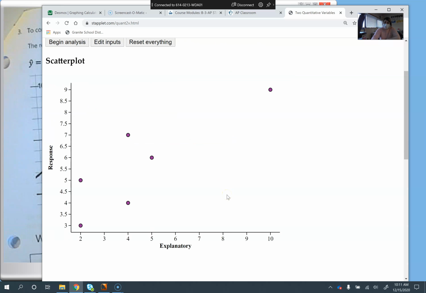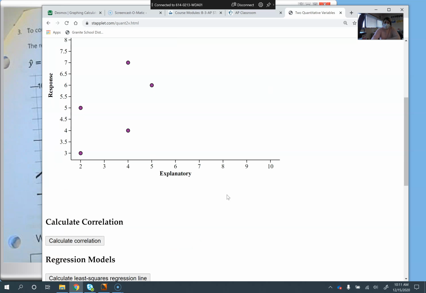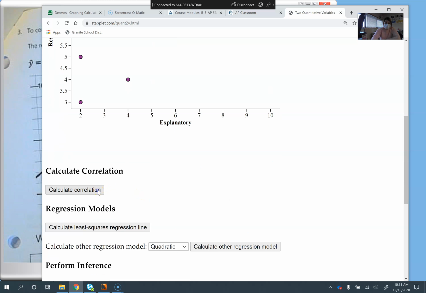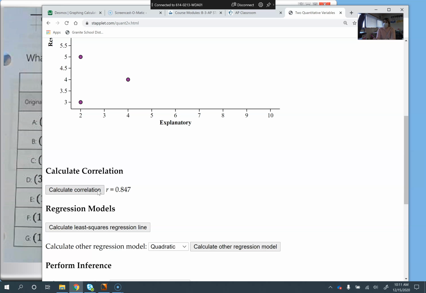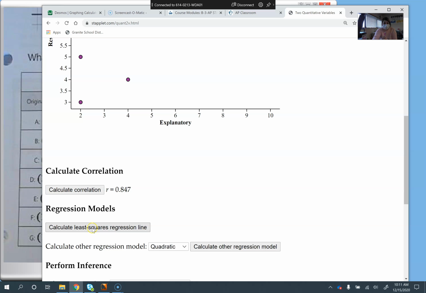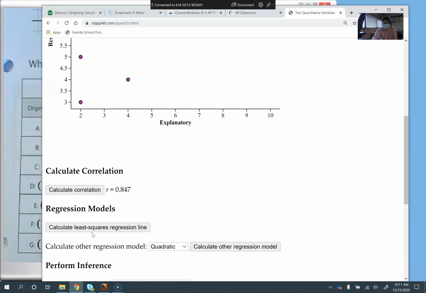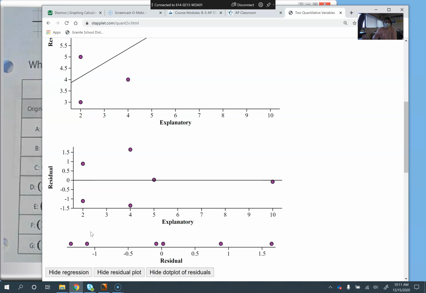So now your point's there. We calculate our correlation, and it did increase. Our correlation is now 0.847, and I'm filling that in my table. We calculate our least squares regression line, and we see if we were right.